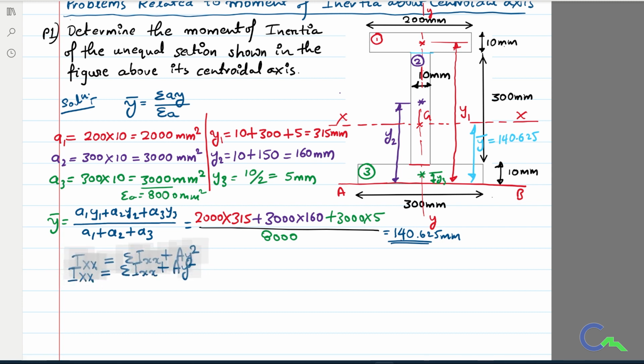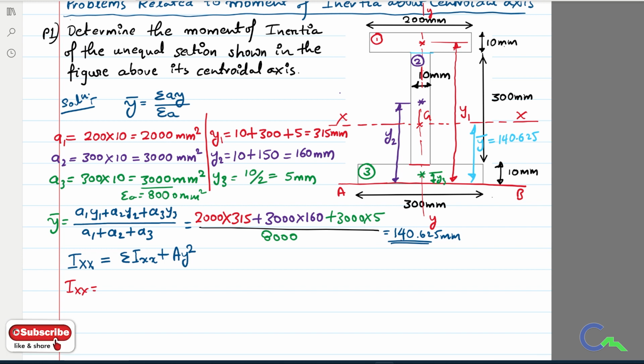We have three components, so let us take one by one. Therefore, Ixx is equal to, the first component is the top rectangle. We know that for the rectangle, the Ixx value is bd cube by 12. So if I consider the top rectangle, the b value is 200 mm.